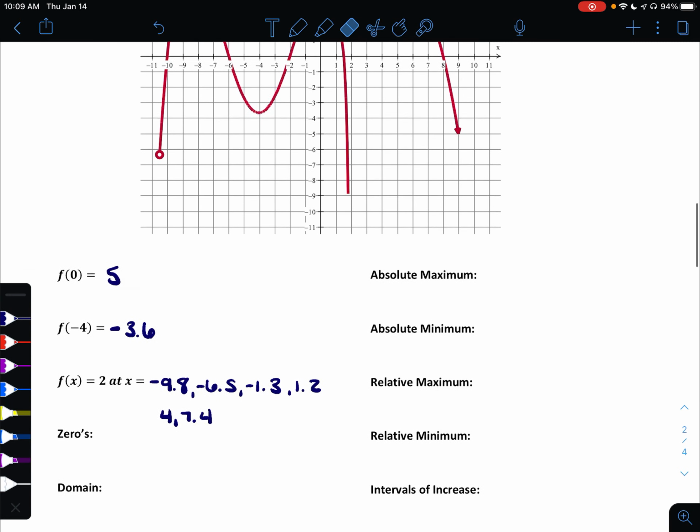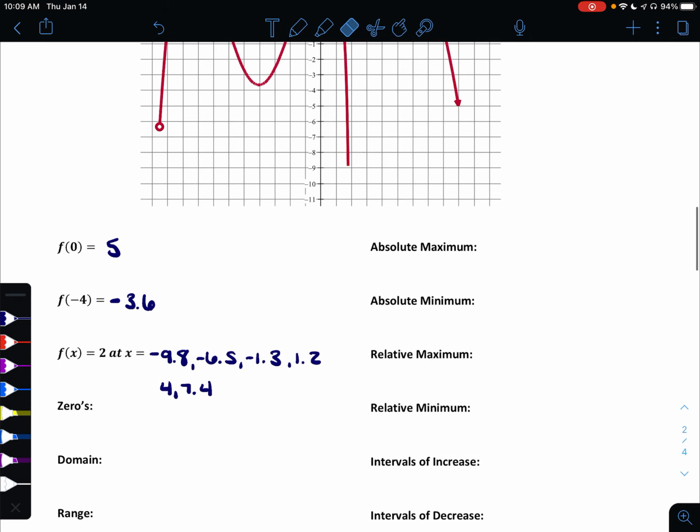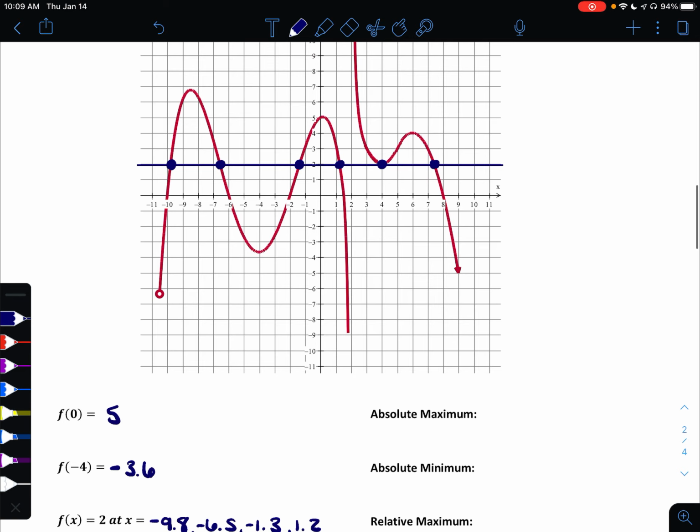All right, so our next question here is asking us for the zeros of our function. So remember, zeros is just another word for x-intercepts. So we're just looking for where does our graph cross the x-axis.